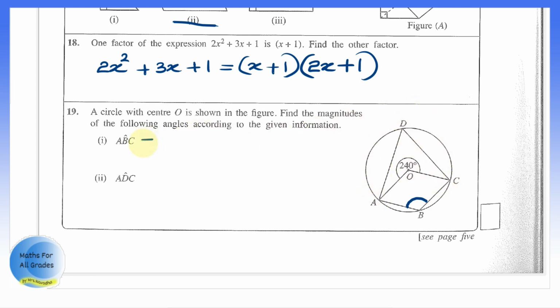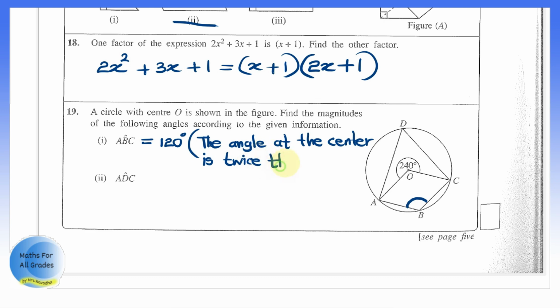So we can use the angle at the center theorem. Angle ABC is 120 degrees. The reason is the angle at the center is twice the angle at the circumference. So ABC is 120 degrees.